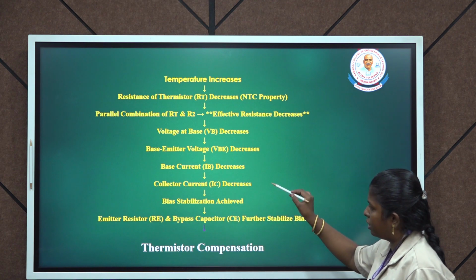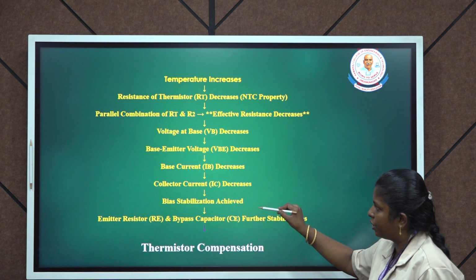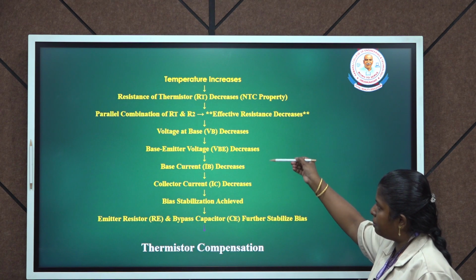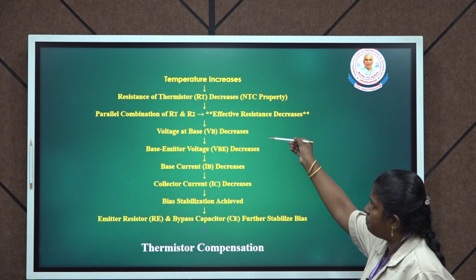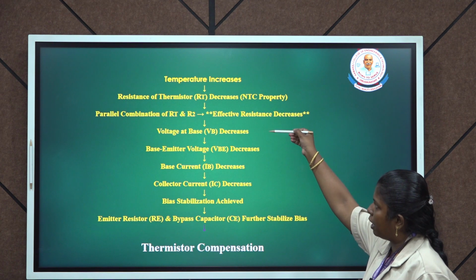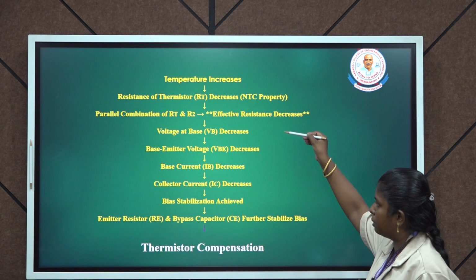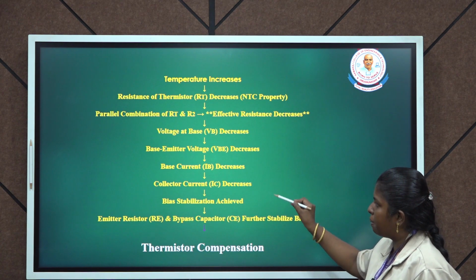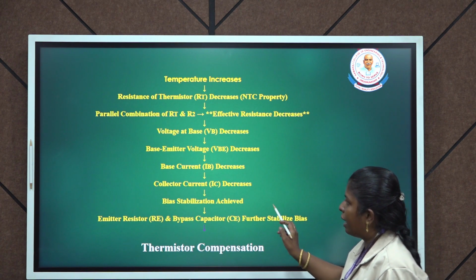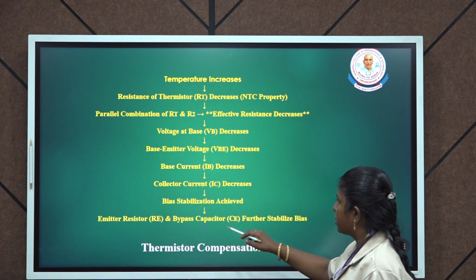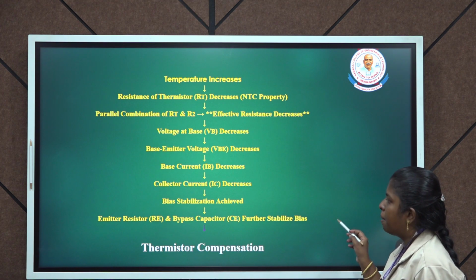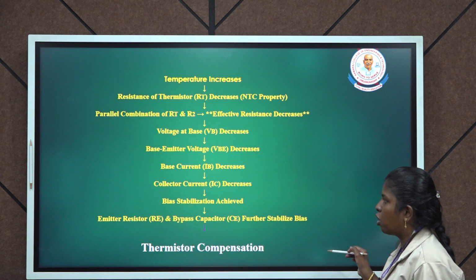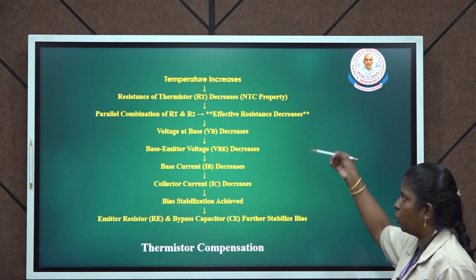Biasing stabilization is achieved here. When these parameters IB, IC, VBE, VB and RT change with the temperature, we achieve bias stabilization. After that, the emitter resistor and bypass capacitor further stabilize the biasing, so we can understand the thermistor compensation from this flow.